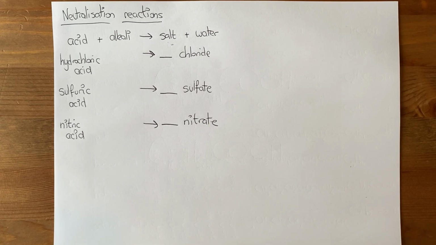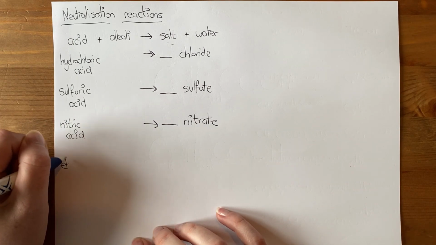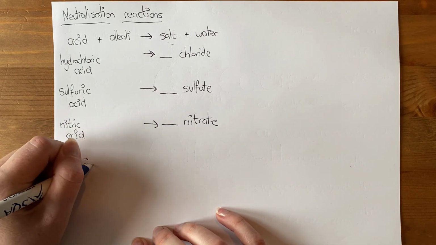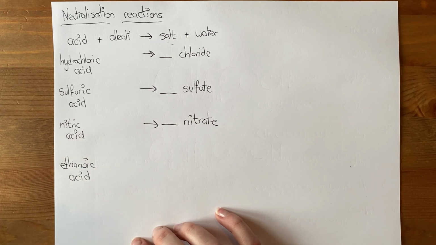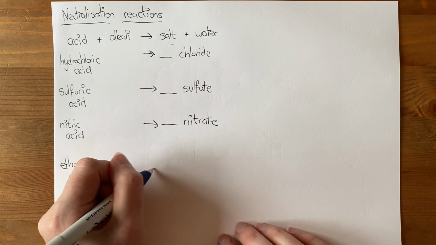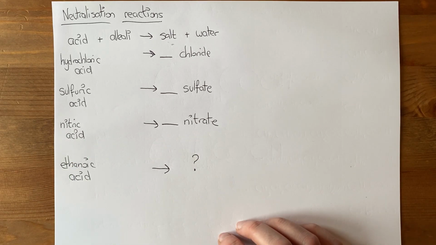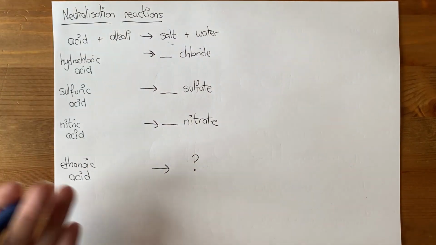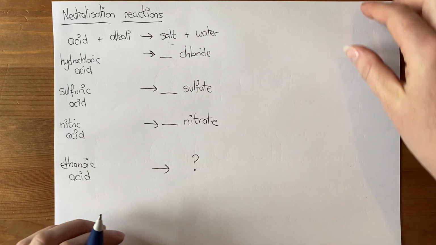And so it's important for us to think, well, what actually, if I used, say, ethanoic acid, so if I used vinegar in my reaction, what is my salt going to be? Still going to be reacting with an alkali, it's still going to be making a salt and water, but what is that salt going to be?